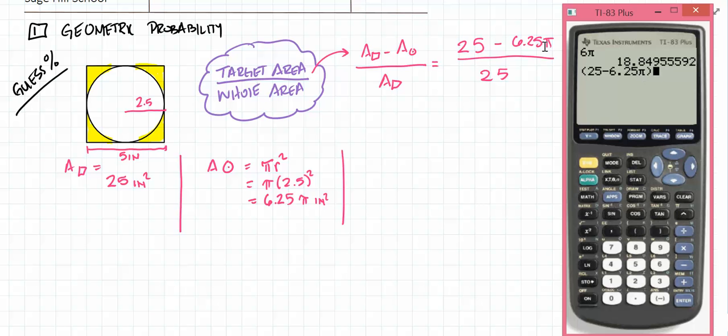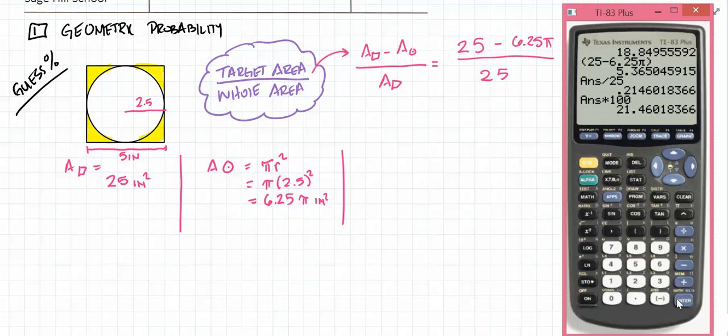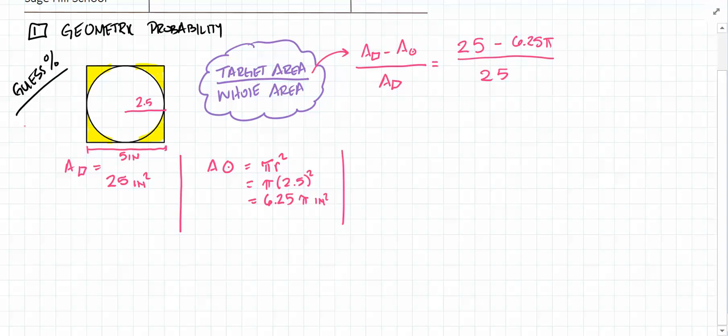I get 0.2146. Then I'm going to divide that by 25. So is my probability 0.21? It's 21.46%. You need to multiply by 100 to turn it into a percent. So that's 21.46%.